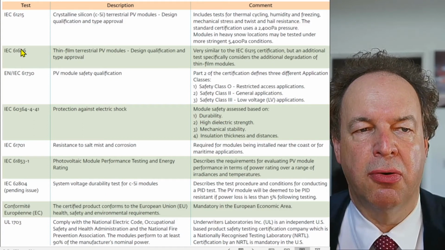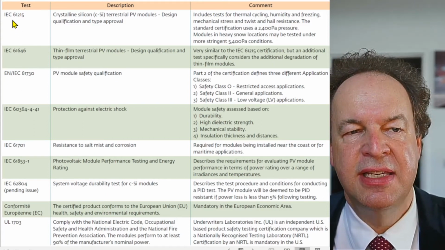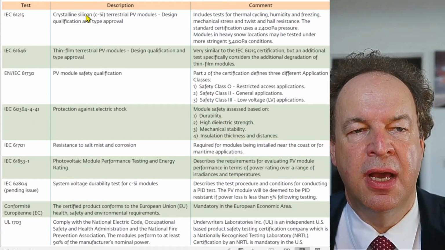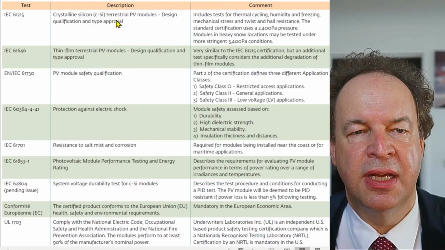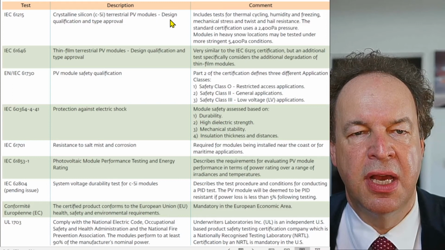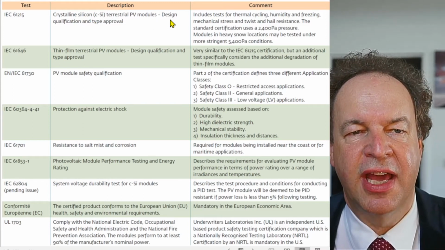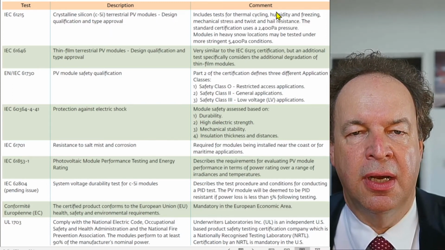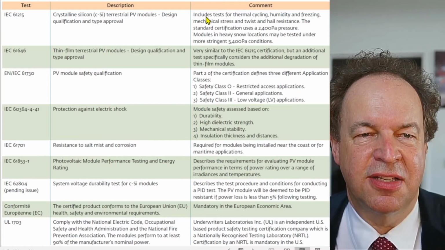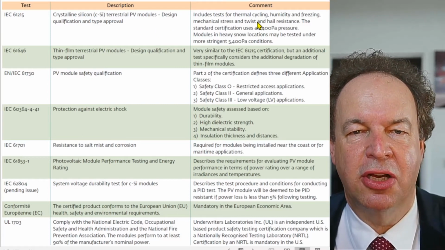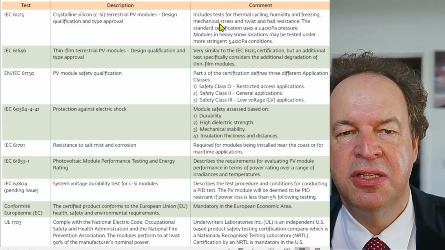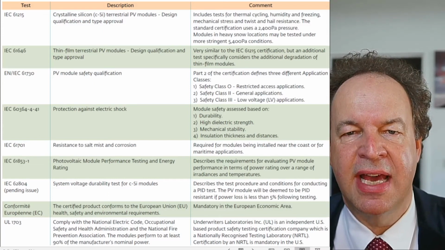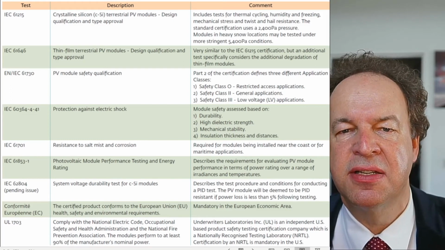As I mentioned already, the most important is the IEC 61215. This is for the crystalline terrestrial PV modules. It's called Design Qualification and Type Approval. It sounds like nothing, but it contains a lot of tests. So this includes thermal cycling, humidity, freezing, mechanical tests, twist, hail resistance.